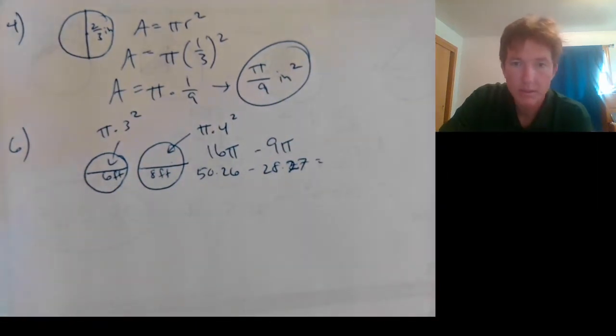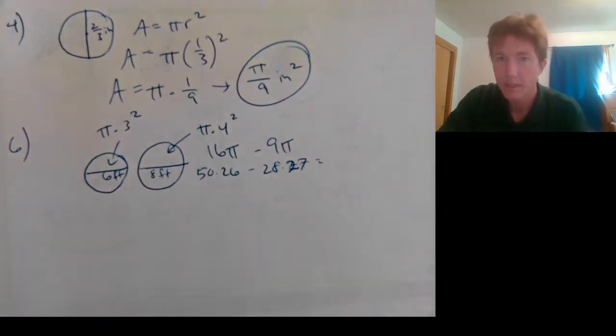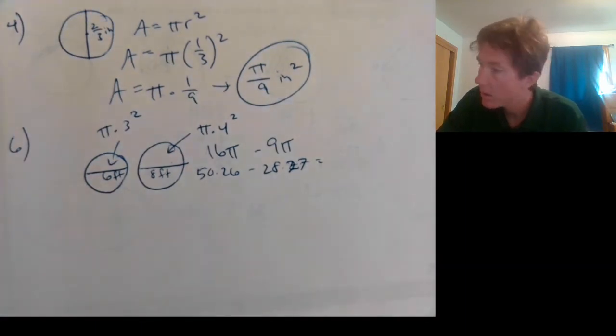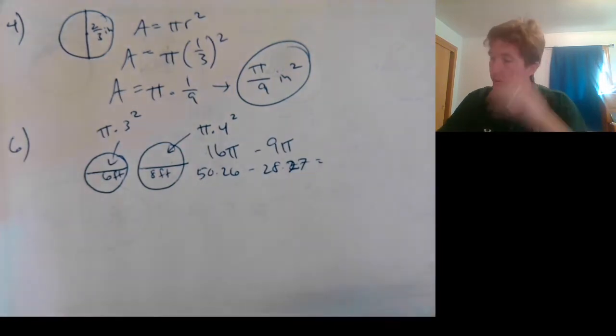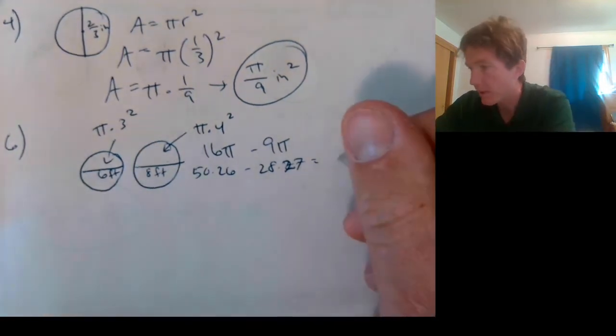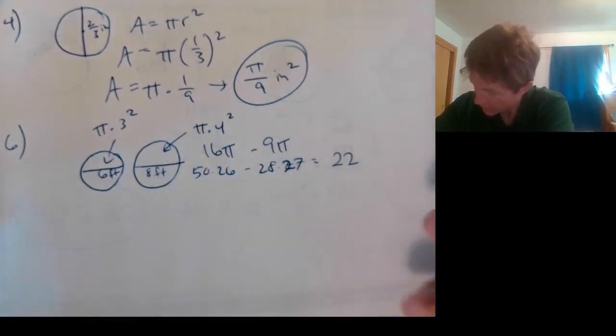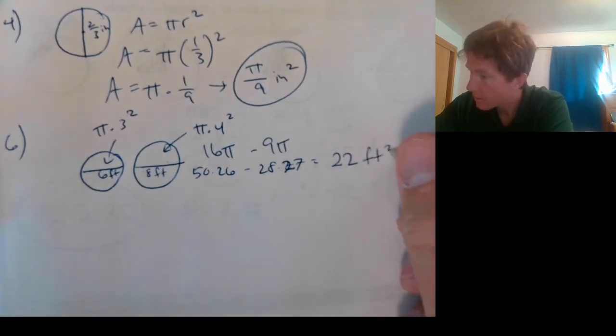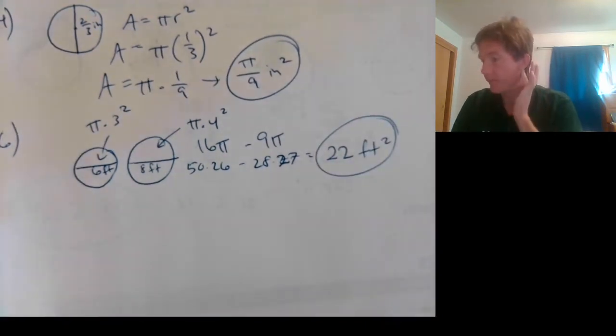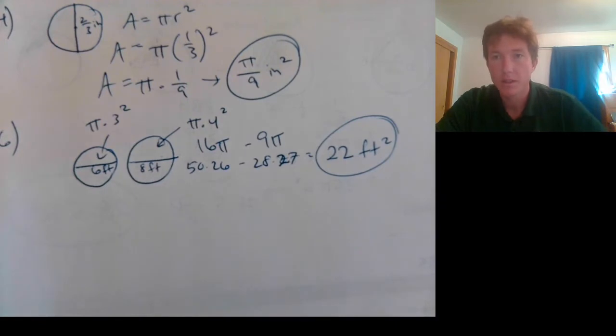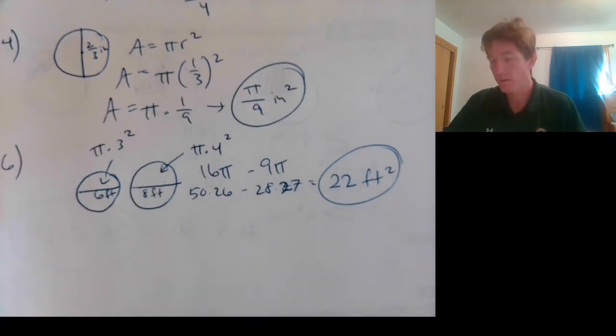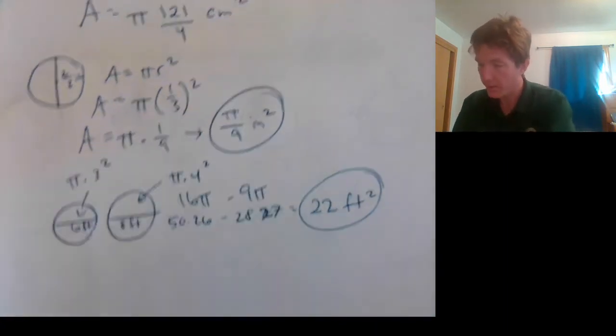So when I subtract these from each other, I get 21.99. I'll round it up to 22 square feet. So the 8-foot table is about 22 square feet larger than the 6-foot table, which is quite a bit. Okay, go ahead and flip the page.